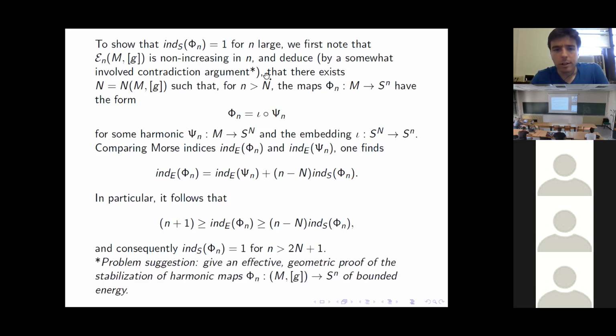So returning to the star here, our contradiction argument for proving this lemma: we assume we have a sequence of maps that has this behavior. So we have maps taking values in higher and higher Sn, and they're not taking values in a lower dimensional sphere. So the dimension of the space spanned by their coordinate functions is going to infinity.